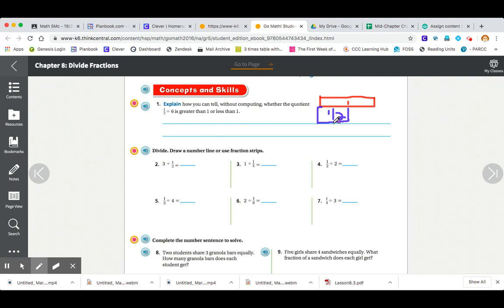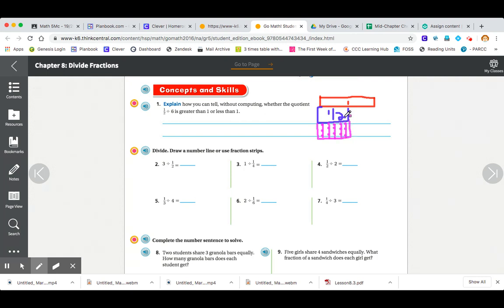So if I divide that 1/2 in half, and then each side into 3, so that we have 6 total pieces, each of those is less than that 1/2, which in turn is less than 1.